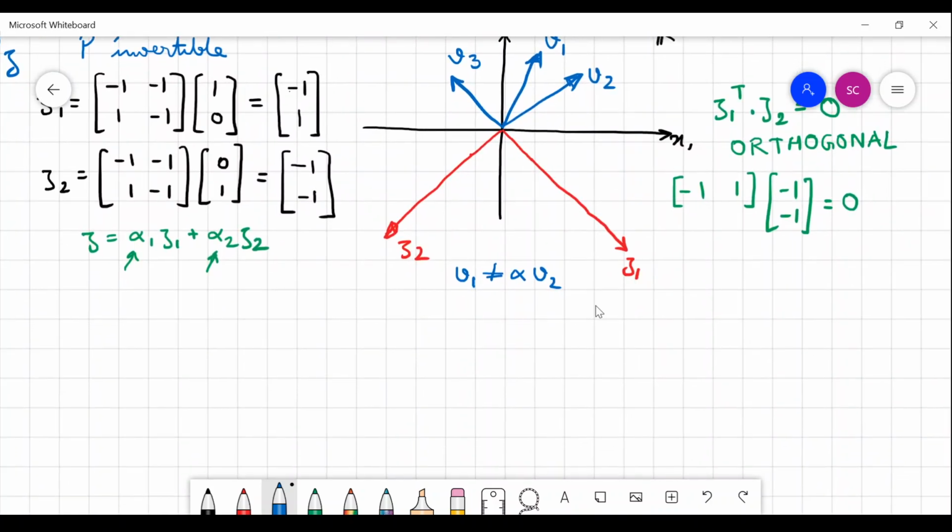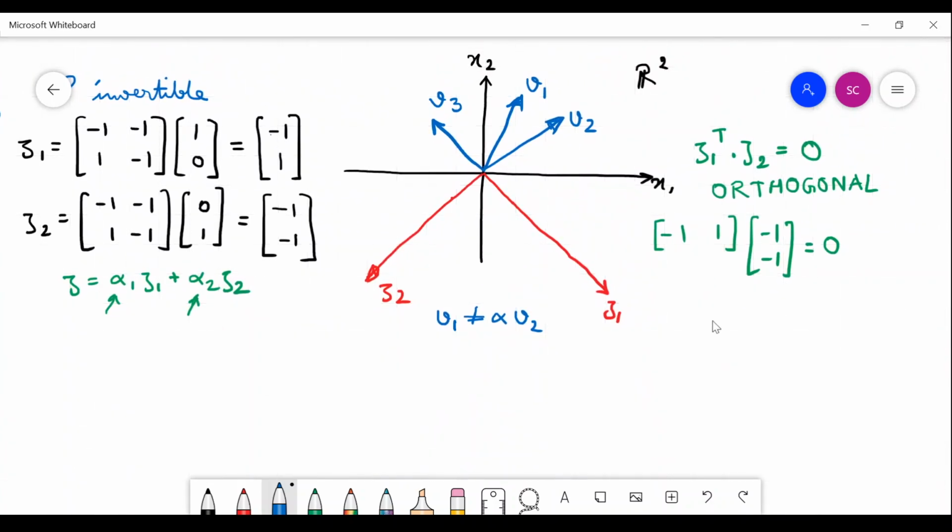Then this independence is characterized like this. So v3 will be independent if we cannot express it as alpha 1 v1 plus alpha 2 v2. If this is equal for any alpha 1, alpha 2 that you can find, then it will not remain independent.